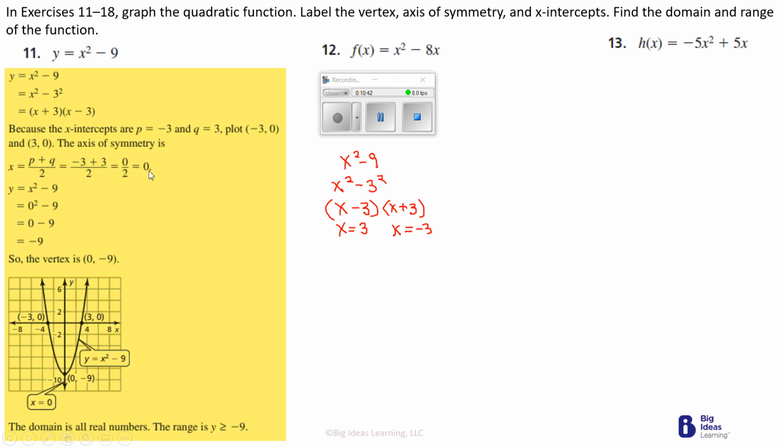And now that I know that that's 0, we put this back in our formula, right? Just as it is, x squared, 0 to the second power is 0, and 0 minus 9 is negative 9. And that means our vertex is 0, right? That's our x value for our vertex. And then negative 9 is our y value. So we'll go down to negative 9. It's going to be right there on our y-axis. All right? Let's go ahead and work this next one out.